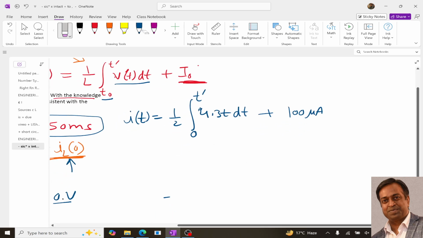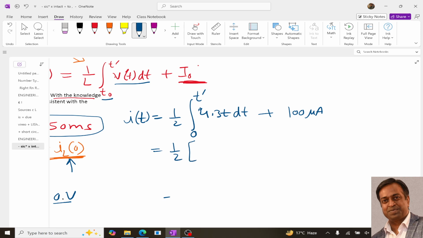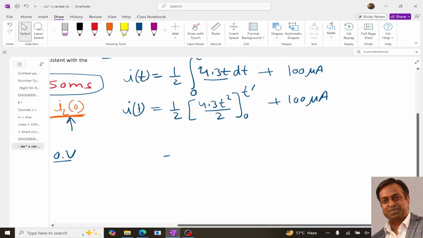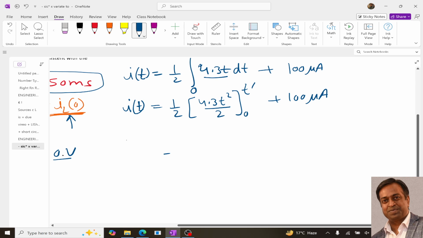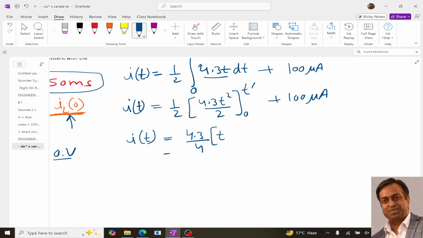Integrating this, we get 1/2 times the integration of 4.3t, which is 4.3 t squared upon 2, from 0 to t dash, plus 100 microamperes. So i(t) equals 4.3 upon 4 times (t dash squared minus 0 squared) plus 100.